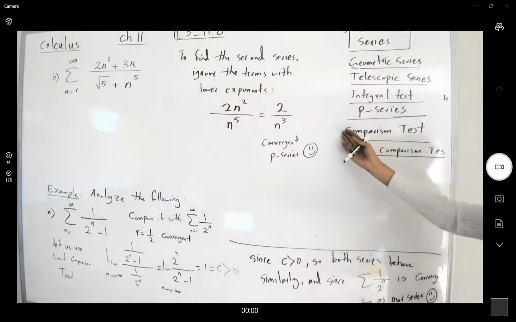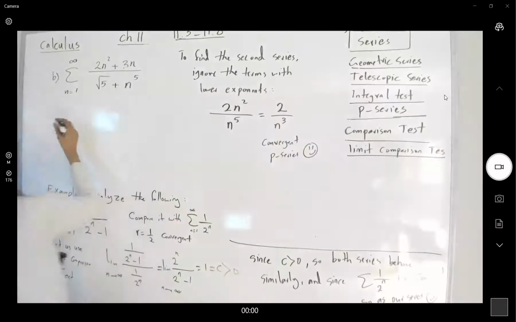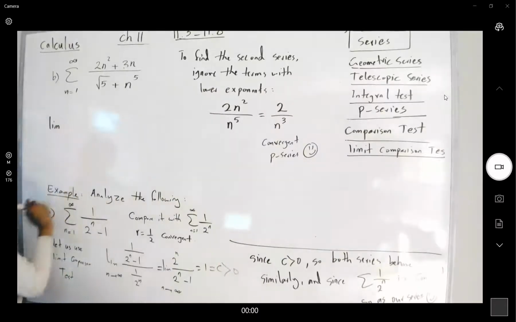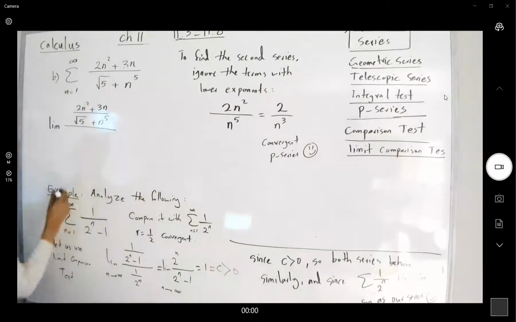You can either apply the comparison test or the limit comparison test. Let us apply the limit comparison test. The limit of 2n squared plus 3n divided by the square root of 5 plus n to the 5th, divided by your P series 2 divided by n to the 3rd, as n approaches infinity.